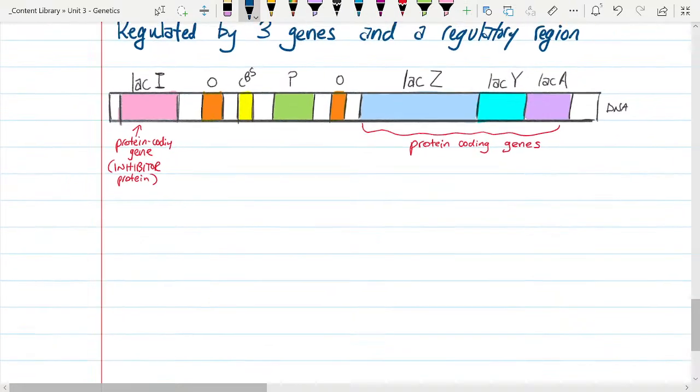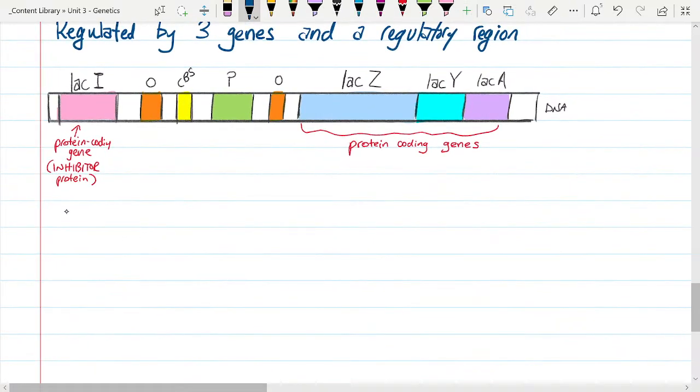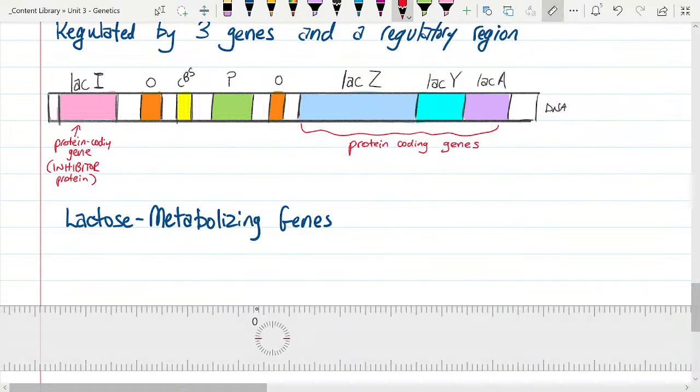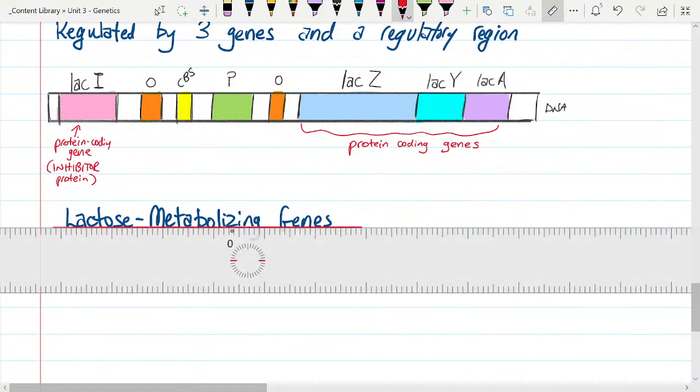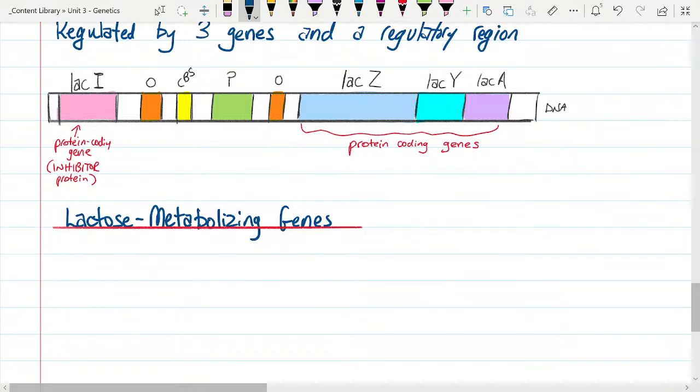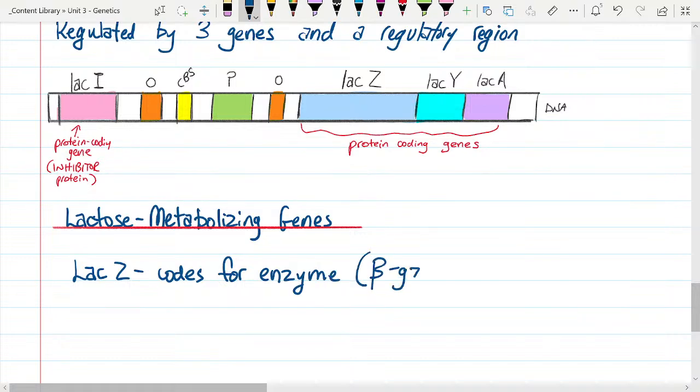The lactose metabolizing genes are grouped together, and there's 3 of them, and as it turns out, LAC-Z codes for the enzyme, that beta-galactosidase enzyme.